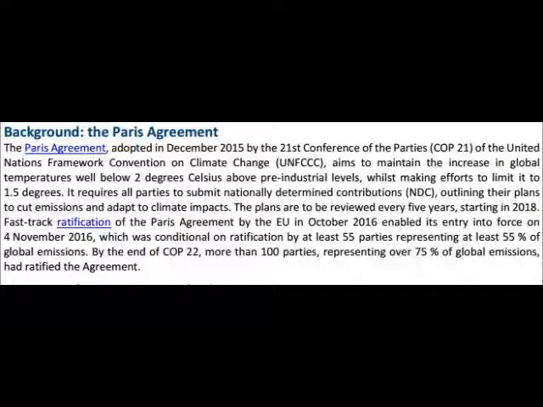Another thing is that 165 subnational jurisdictions, which are calling themselves the under twos, have announced that they would reduce their emissions by 80 to 95% below the 1990 levels and limit their per capita emissions to under 2 tons of carbon dioxide by 2050.